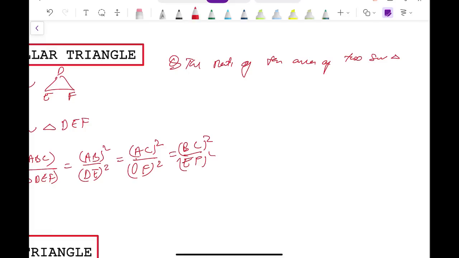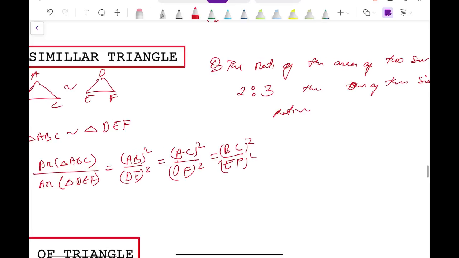The ratio of the area of two similar triangles is, let's say, 2:3. Then one of their sides ratio will be. So this simply means that the area is given. Area is given as this one.